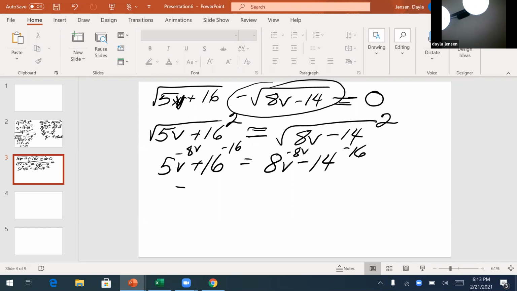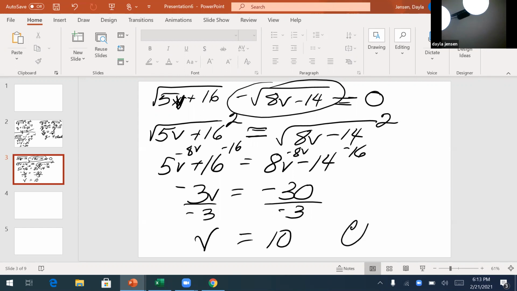So what we get is minus 3v equals minus 30. Divide both sides by negative 3. So v must be 10. Check it to make sure it works. Okay, so that's 2 radical signs.